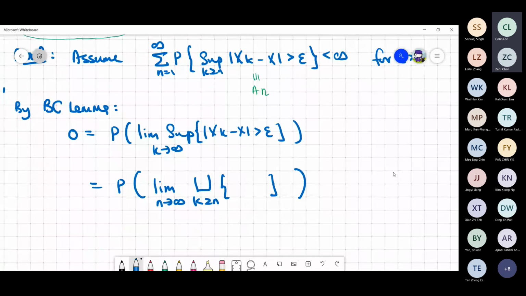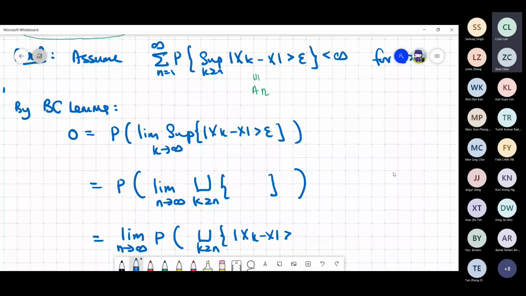You may check this with our previous discussion. This is actually a decreasing sequence of events, so we can take out the limit as n goes to infinity of P of this, and this is equal to 0.